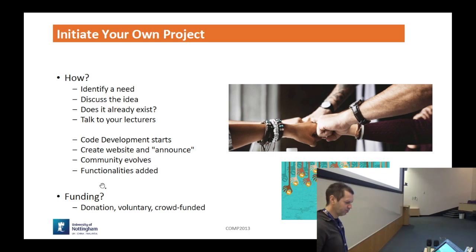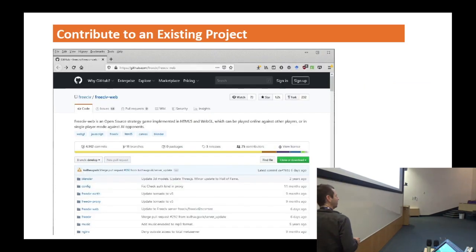You can contribute to an existing project, right? You see a lot of existing projects on GitHub. I can't keep track, I don't know how many existing projects are on GitHub, but I guess there are millions of them now. Not sure.